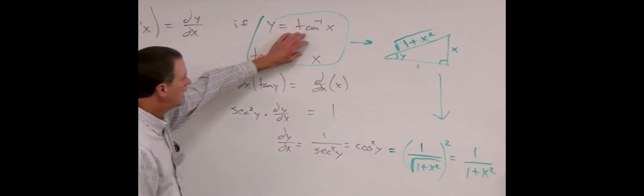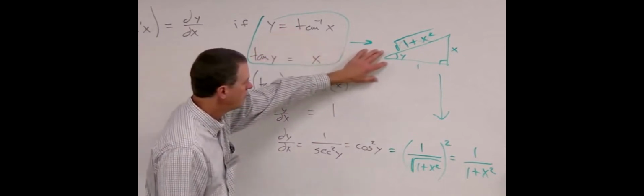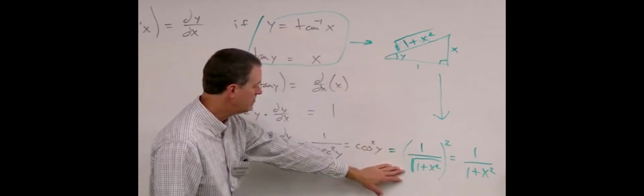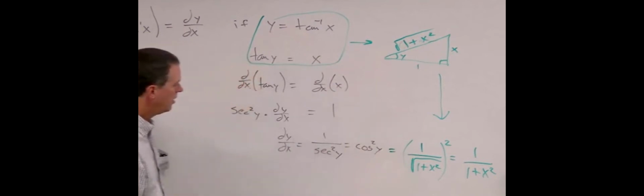Solving, you divide by secant squared, which is the same thing as cosine squared of y, and then using your right triangle you get what cosine is. Then you square it, and you get 1 over 1 plus x squared. So we have learned from this that the derivative of inverse tangent is 1 over 1 plus x squared.